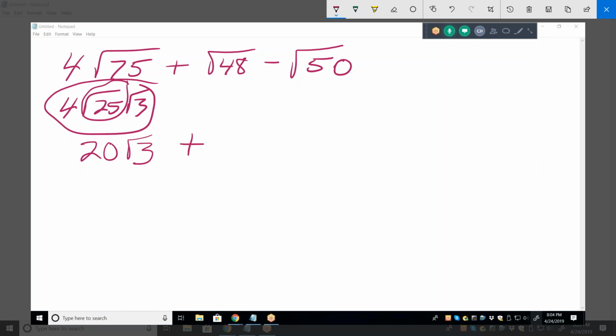Okay, now, what about 48? Is there a root 3 in 48? Because we've already got 1 root 3 over there. Most likely we're going to find another root 3 somewhere. Right. So does root 48 simplify into some kind of a root 3? 48 is 16 times 3.